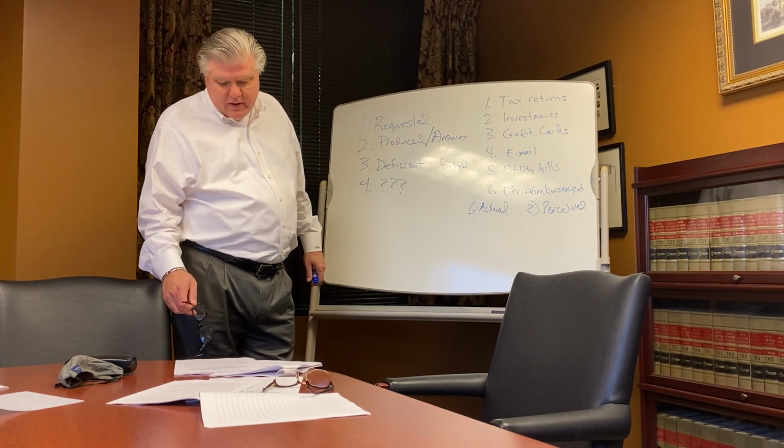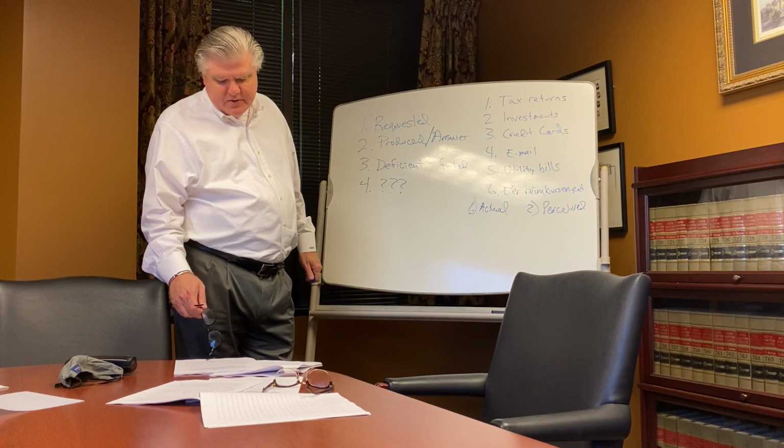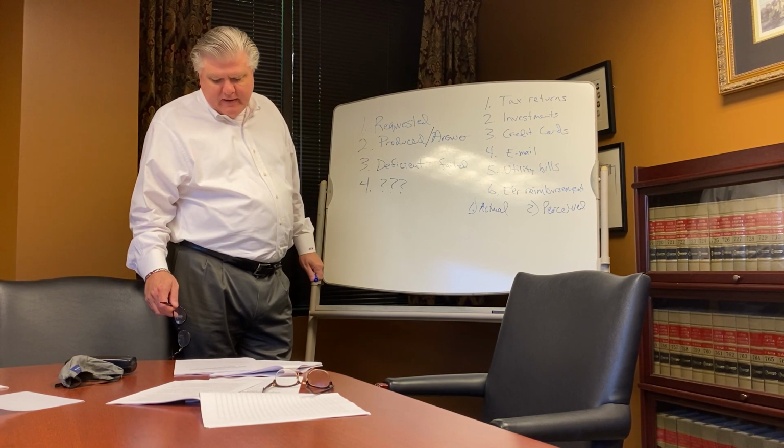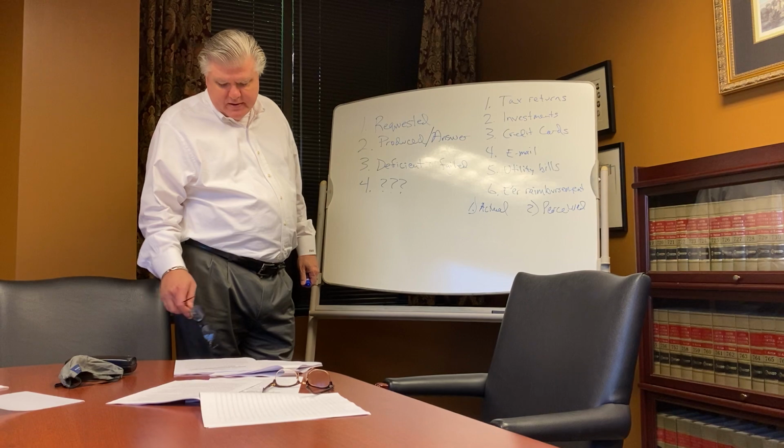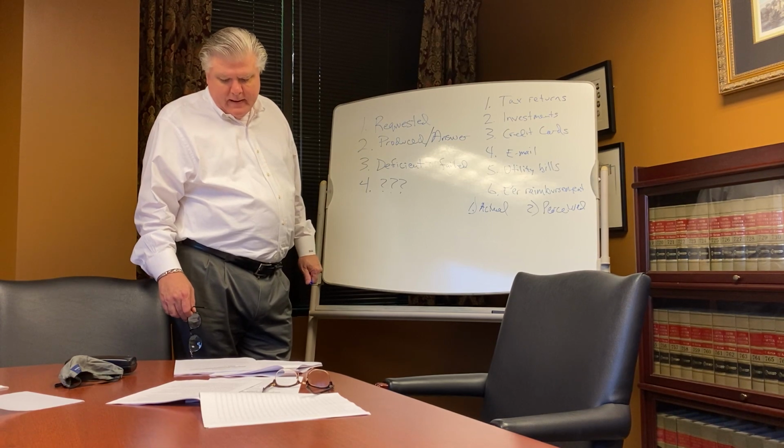And so here we put in this example, this answer is deficient in that husband failed to identify and describe the number of shares, blah, blah, blah, blah. All right.